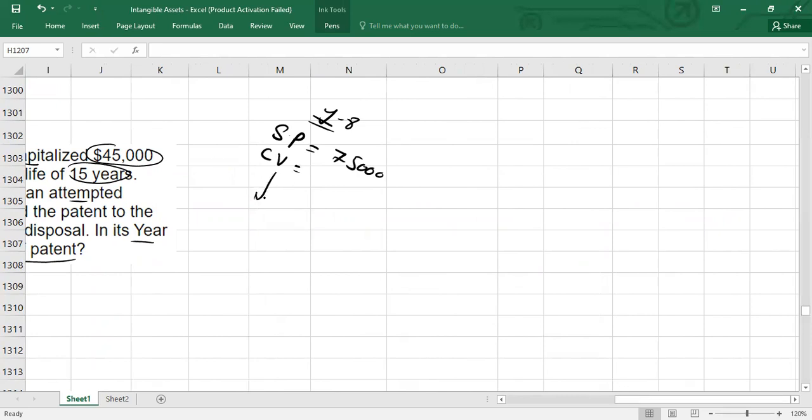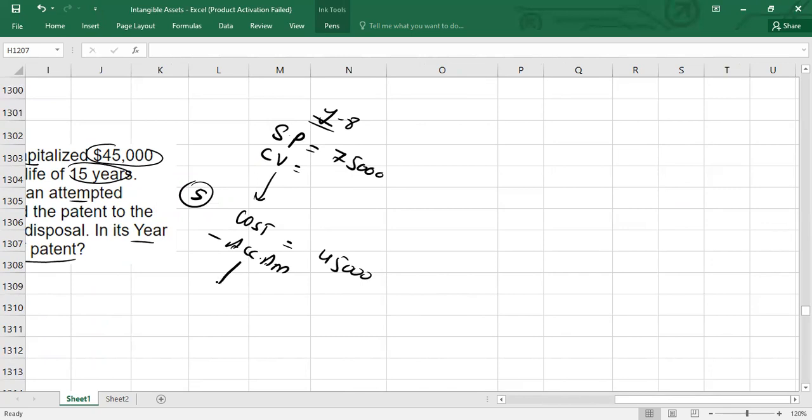Of course, you need the cost of the asset, and you have to subtract accumulated amortization. So first of all, initially, in year 5, you capitalized the asset with the cost of $45,000. I'm talking about the first initial cost.